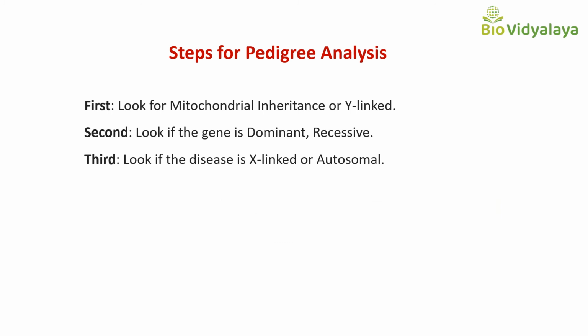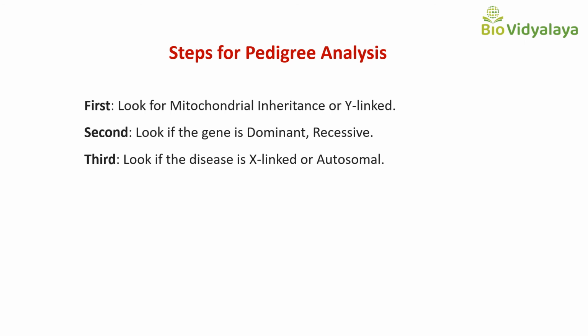So, what are the steps for pedigree analysis? First you have to look for mitochondrial inheritance or Y-linked. If it is mitochondrial inheritance, then the trait will transfer from mother to all her kids and father will not transfer that trait.